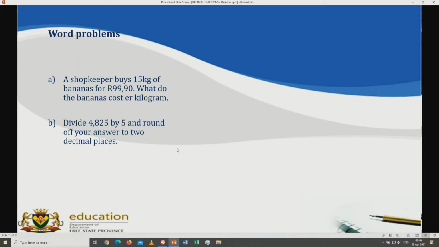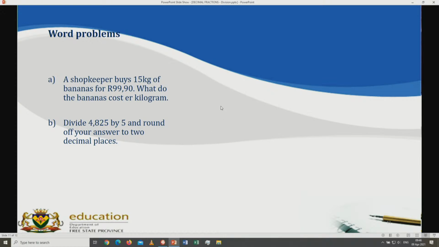Right. Now, when we get to these word problems, that's where you'll see how critical rounding off is. Because many a time you'll get a number that has many places after a comma. Yours is just to make sure that it is rounded off maybe to 2 decimal places after a comma. Right.